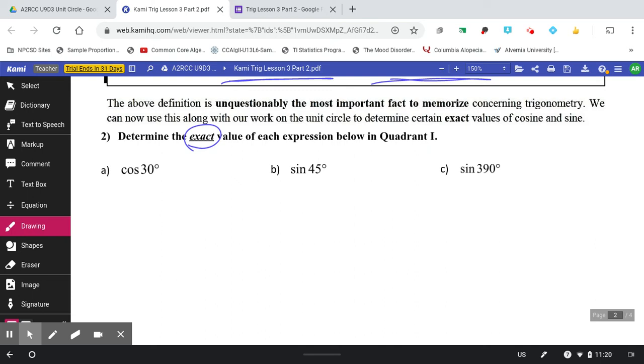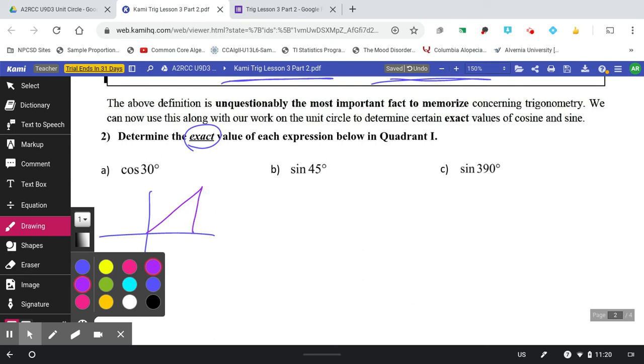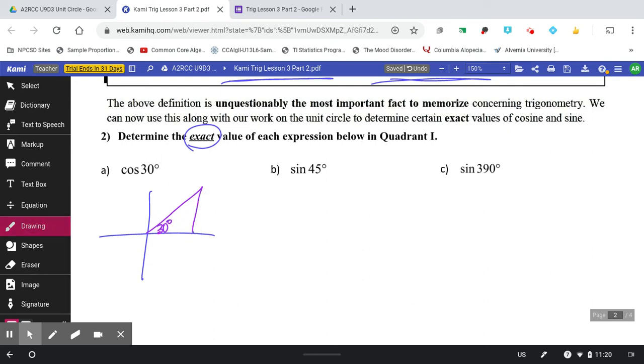It's going to have to be represented as a radical. So for the cosine of 30, this is my 30-degree angle, and I know that this is 60 degrees. From the last lesson, remember that opposite the 30 degrees is 1/2, and opposite the 60 degrees is radical 3 over 2. In this quadrant, everything is positive: x and y are positive, positive.